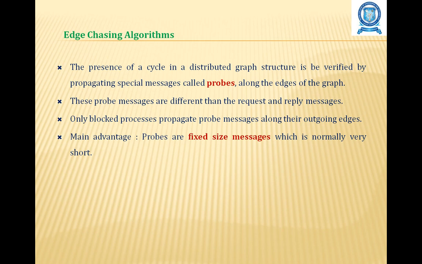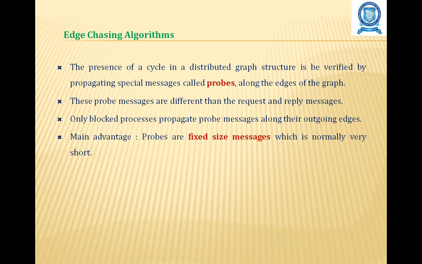The presence of a cycle in the distributed graph structure is verified by propagating special messages called probes along the edges of the graph. These probe messages are different from the request and reply messages.